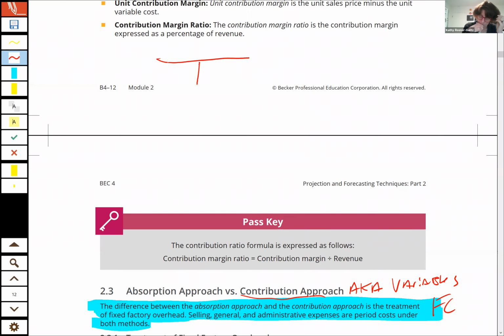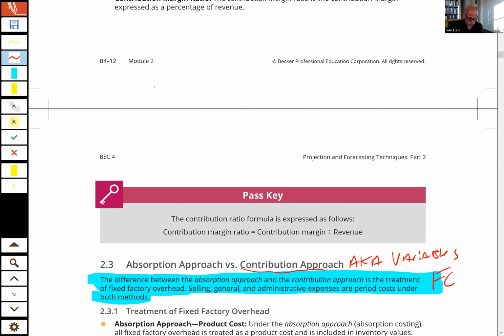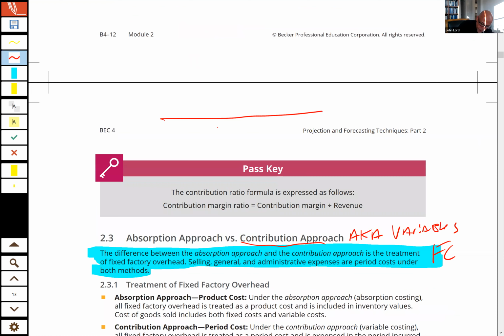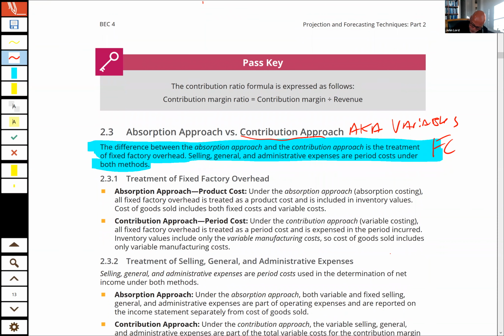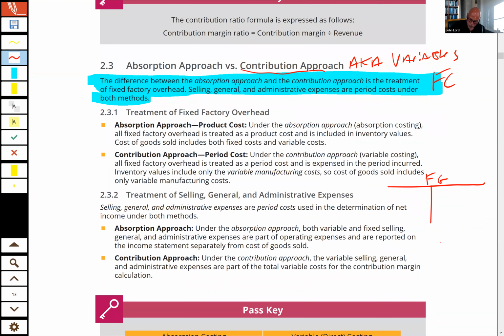Okay, so this is my finished goods. I will probably have a heart attack tonight, I'm pretty sure. Here's my finished goods. And here's my cost of goods sold.